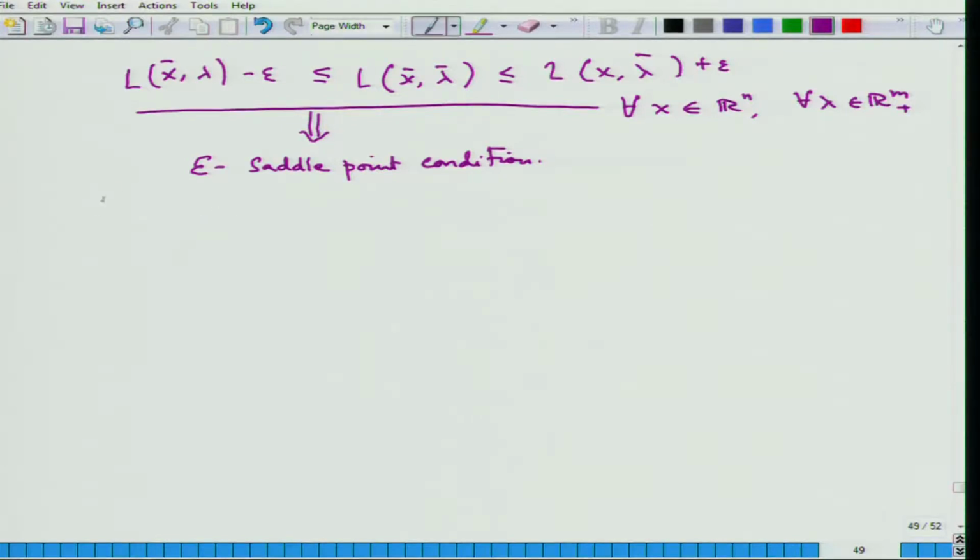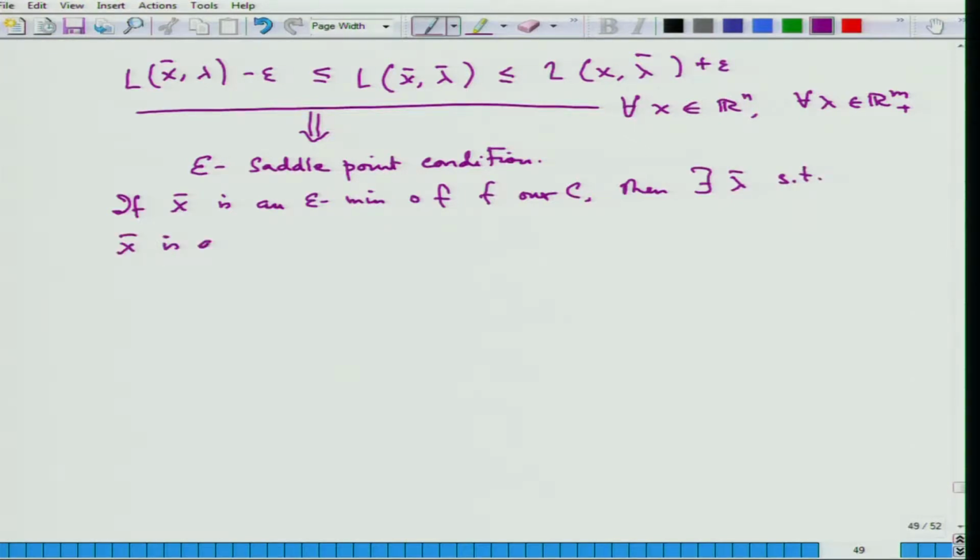Now, if you look at this condition, what does it say? That if x bar is an epsilon minimum of f over C, then there exists lambda bar such that x bar is an epsilon minimum of L(x, lambda bar) over R^n.